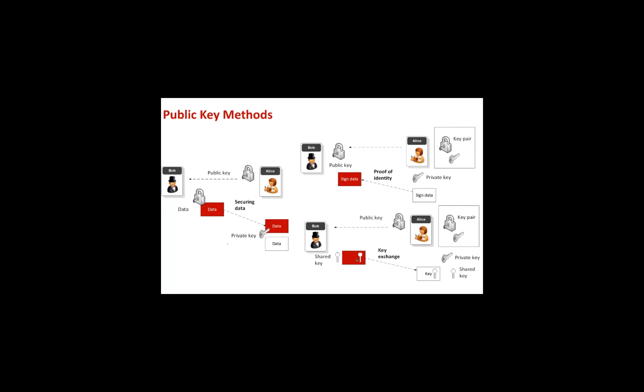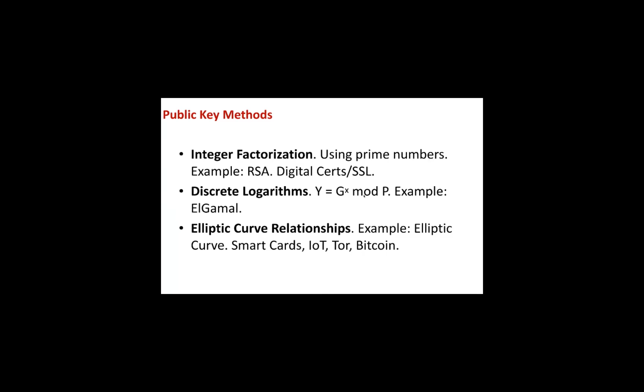Does anybody have any questions about that? Good. So the three main public key methods that we have just now are integer factorization. We take two prime numbers and multiply them together, and it's quite difficult to be able to find the prime numbers which cause the multiplication.